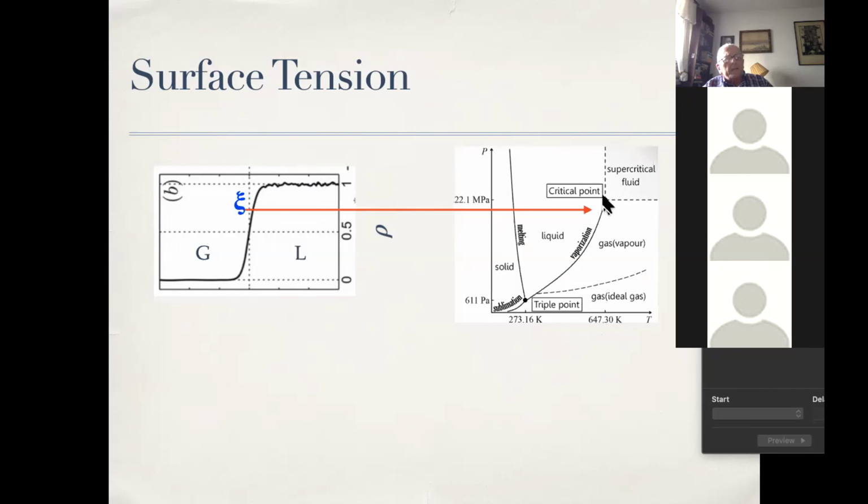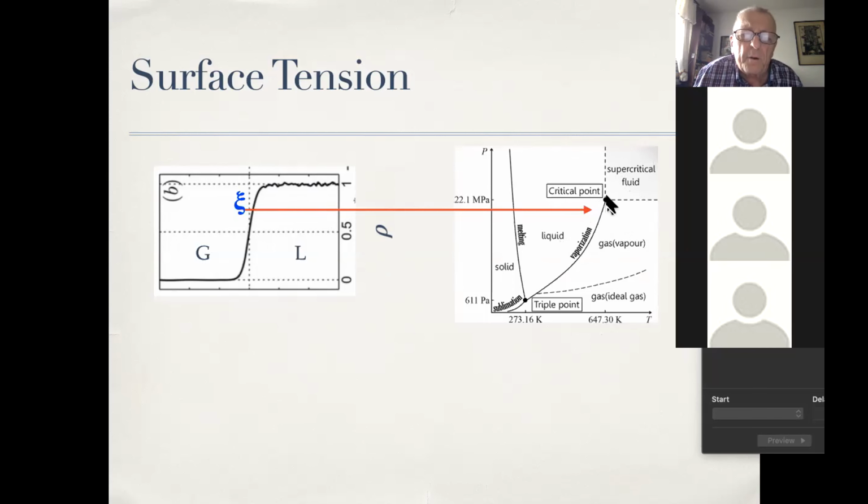As you remember, at the critical point, the difference between liquid and vapor disappears, so to say. We are in a fluid phase where we cannot distinguish what is what. So the question is, what is happening with that interface, liquid and vapor, when I'm approaching a critical point?